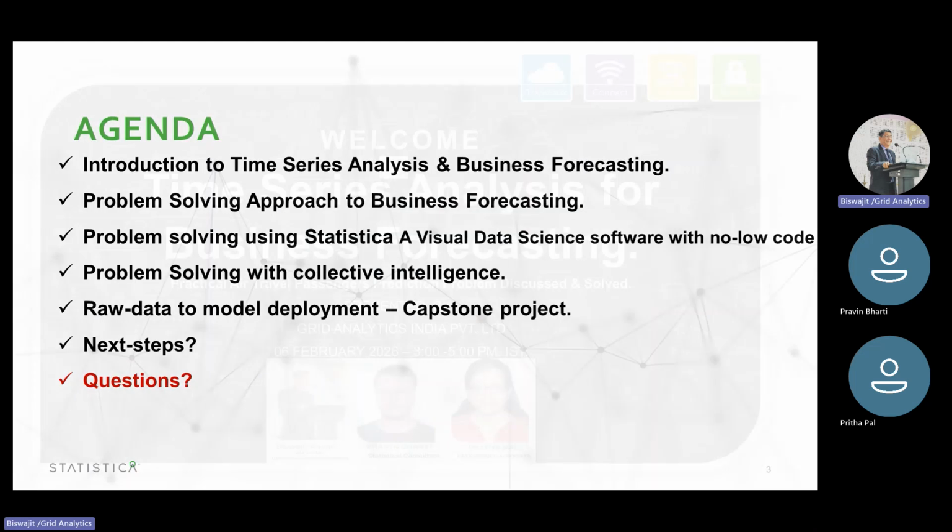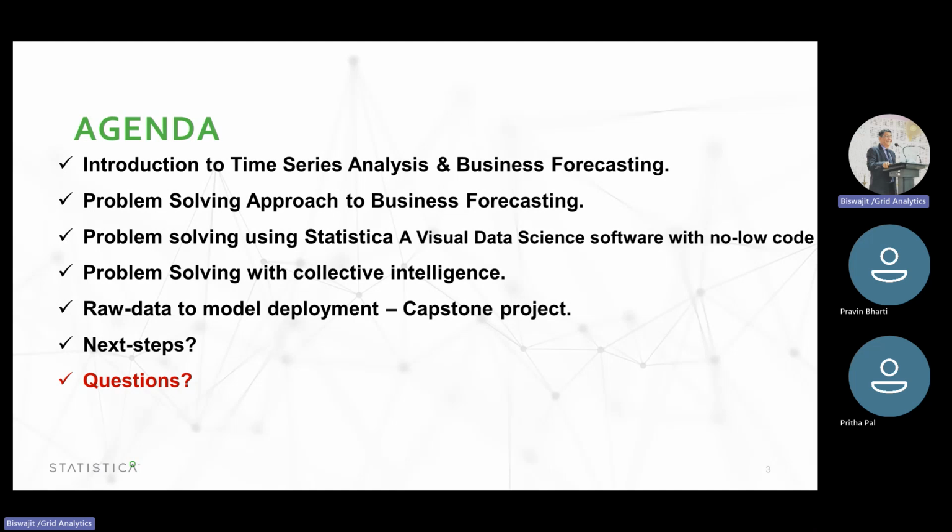So what is the agenda we have in store for you today? We will be covering, during the webinar, an introduction to time series analysis and business forecasting, a problem solving approach to business forecasting, problem solving using Statistica, visual data science with no or low code, and problem solving with collective intelligence.